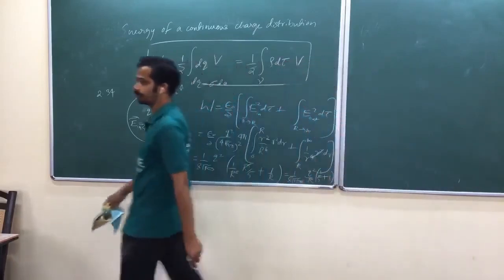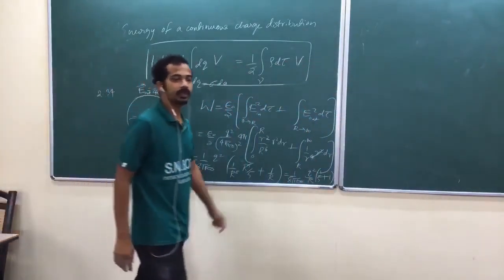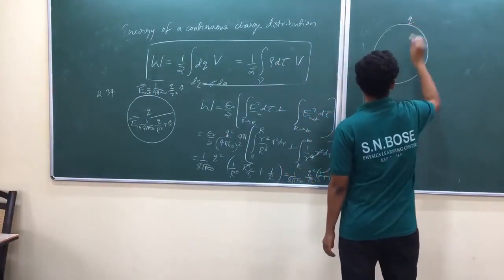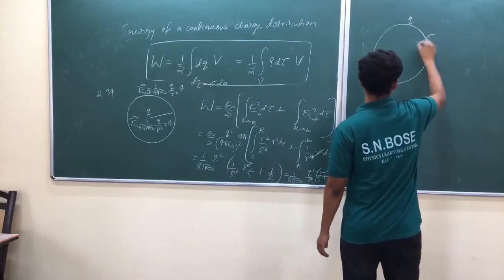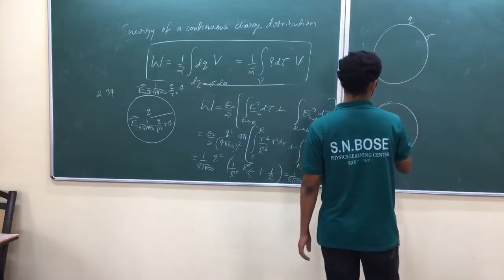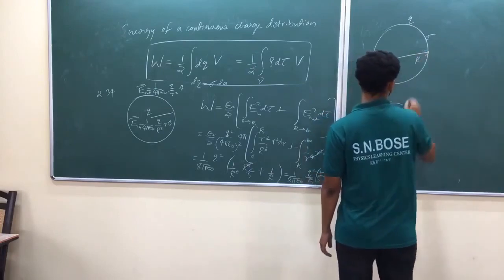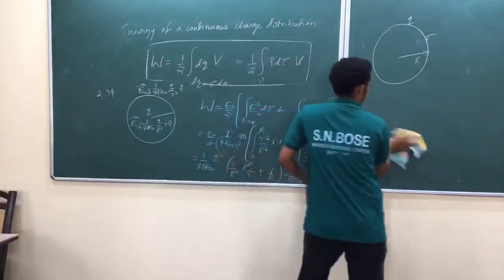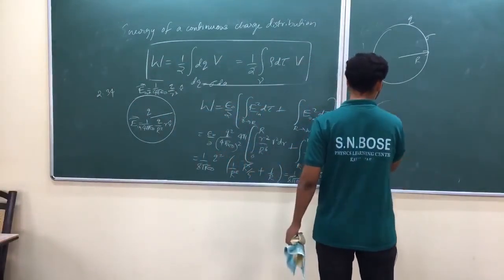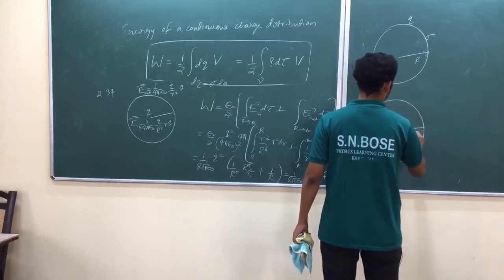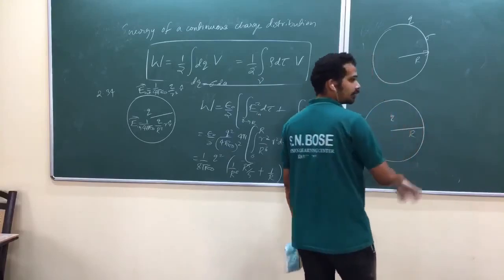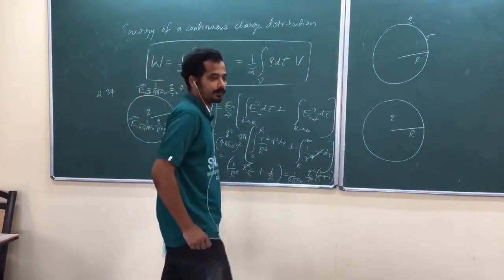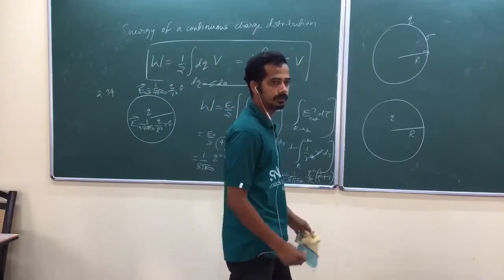He asked the ratio for shell and for solid sphere. You have charges only on the surface, you have surface charge density, same radius, and the total charge is also the same.